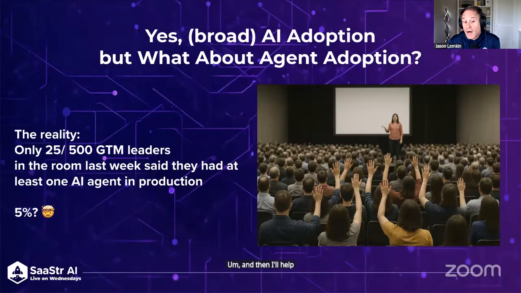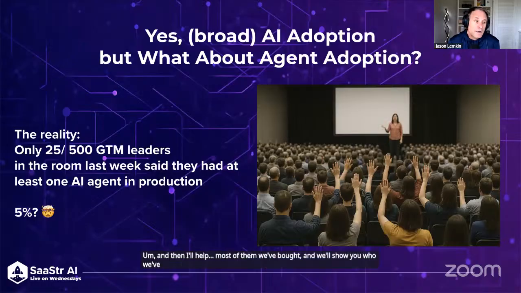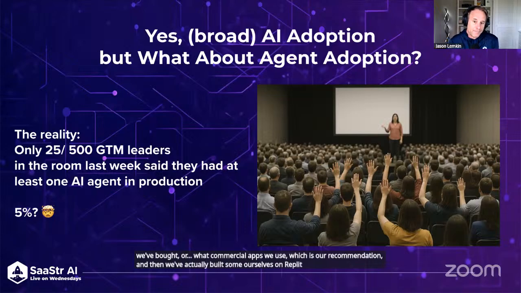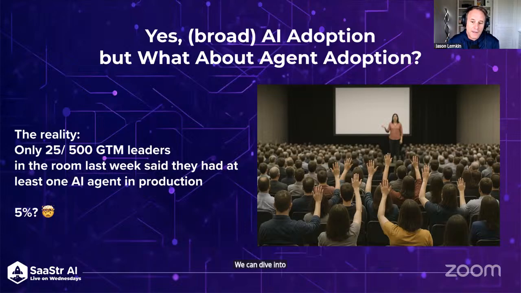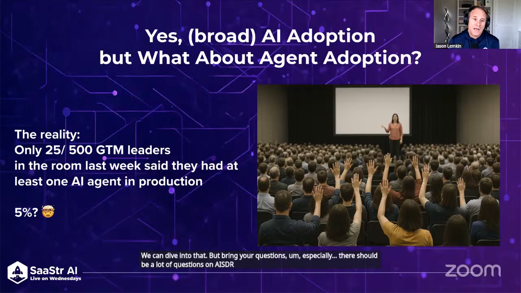Most of them we've bought, and we'll show you what commercial apps we use, which is our recommendation, and then we've actually built some ourselves on Replit. But bring your questions, especially on AI SDRs and AI BDRs.